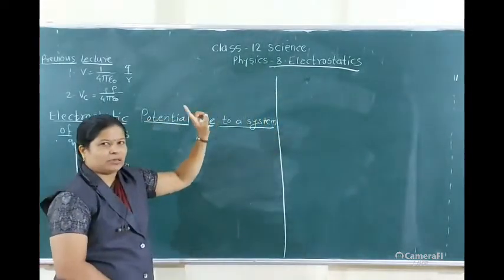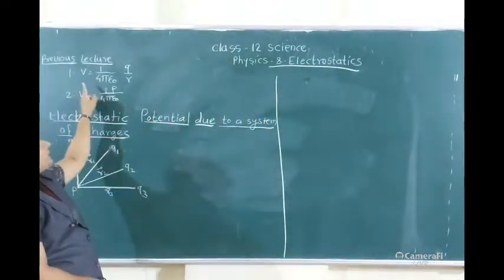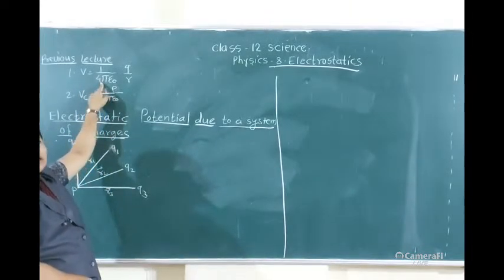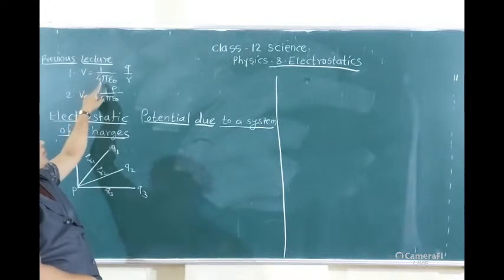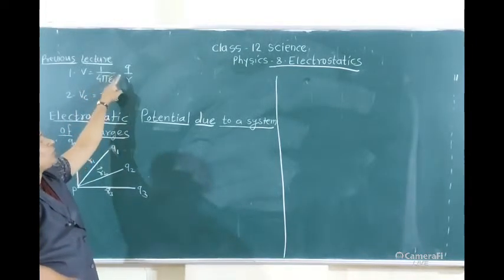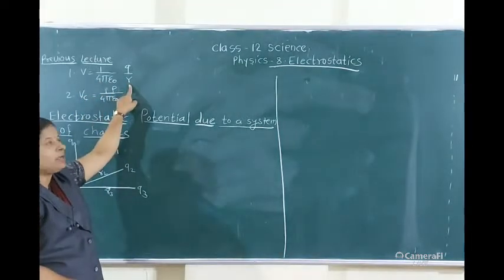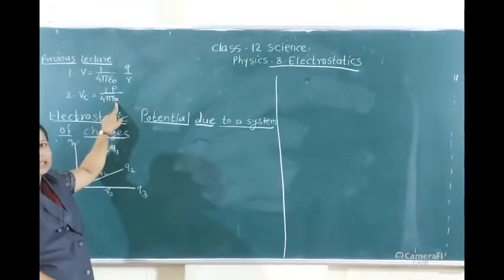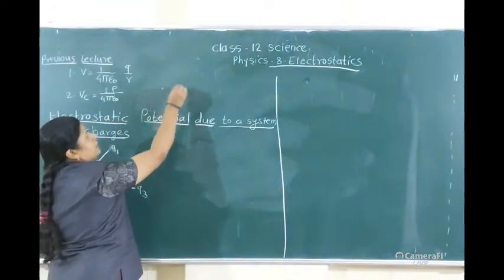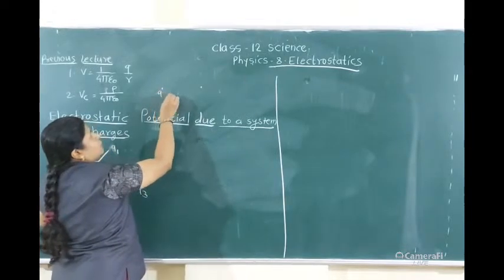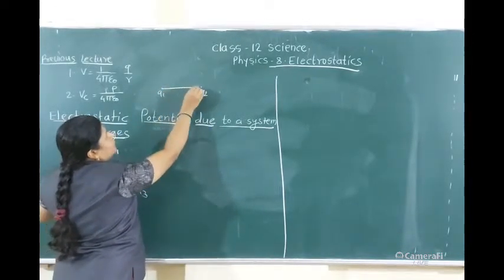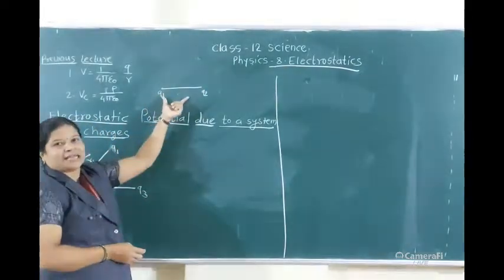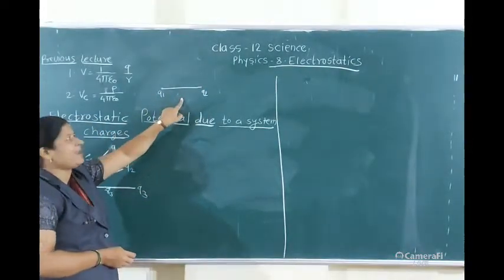In the previous lecture, we saw the electric potential for a charge: phi is equal to 1 upon 4 pi epsilon 0 into q divided by r. If there are two charges, q1 and q2, then the line joining these two charges we call a dipole.